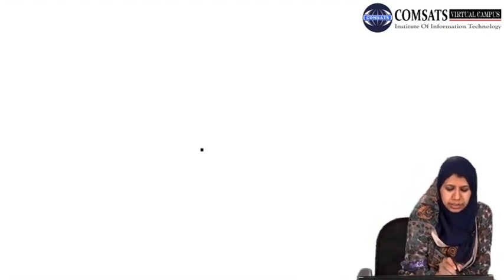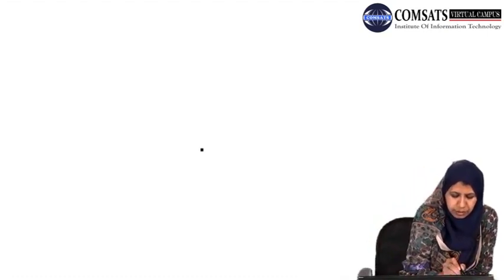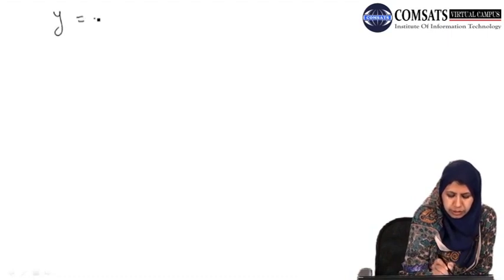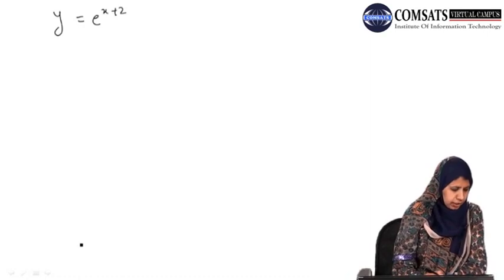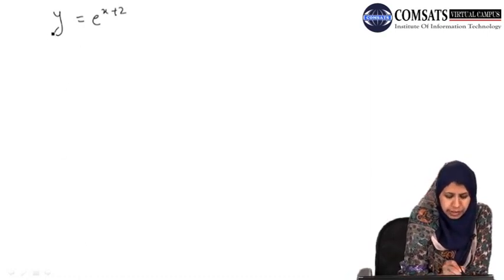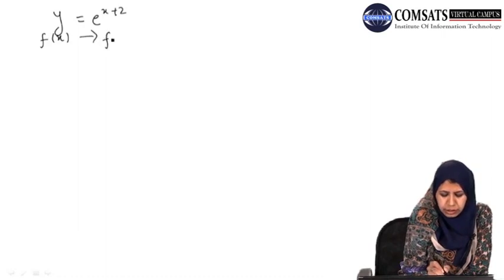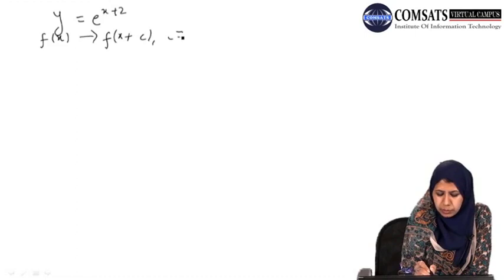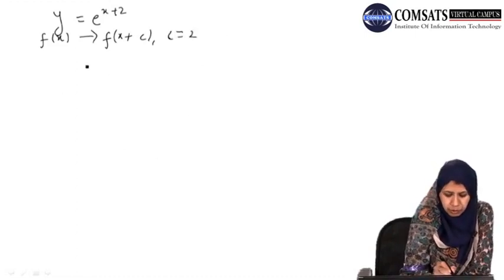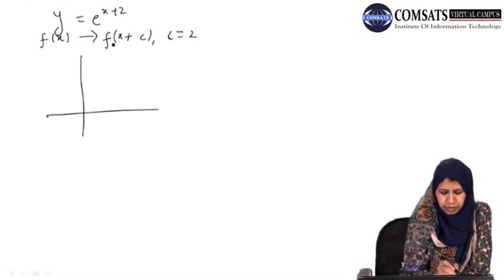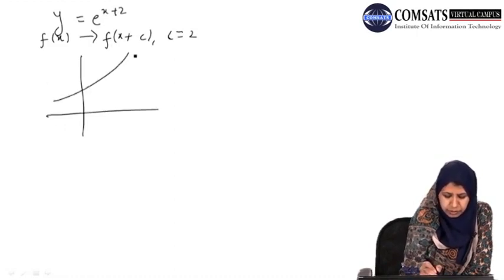Okay. Now, if we are asked to sketch the graph of y is equals to e to the power x plus 2, that is the translated function, then what is happening? Basically, our f of x is shifting to f of x plus c, with c is equals to 2. So, first we will plot the graph of y is equals to e to the power x.